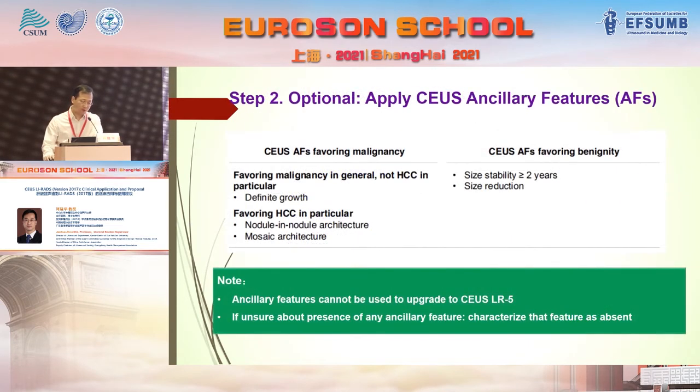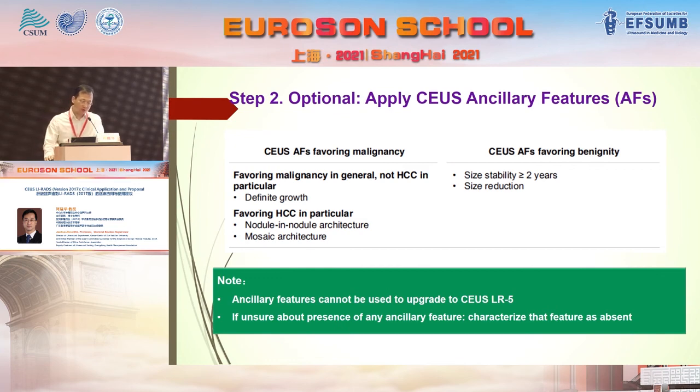And several ancillary features could be used to adjust the category. Some of the CEUS features favoring malignancy include definite growth during the follow-up, or maybe larger in size, or architectural distortion.